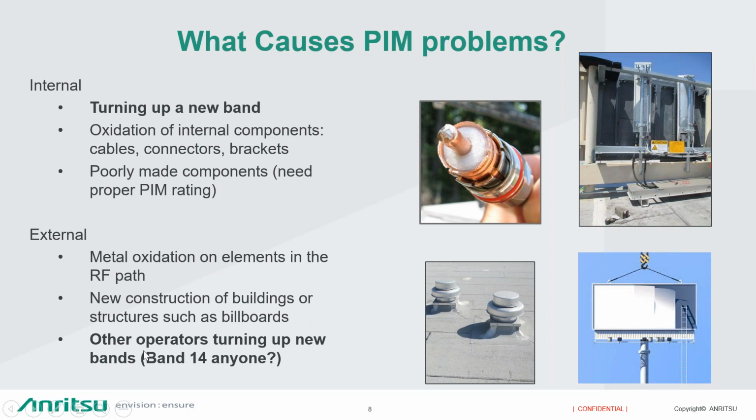Or other operators turning up new bands. Anybody encounter any problems with band 14 in the US? It happens, and when you get new bands out in the environment, especially if it's another operator, you've got some problems to try and solve.